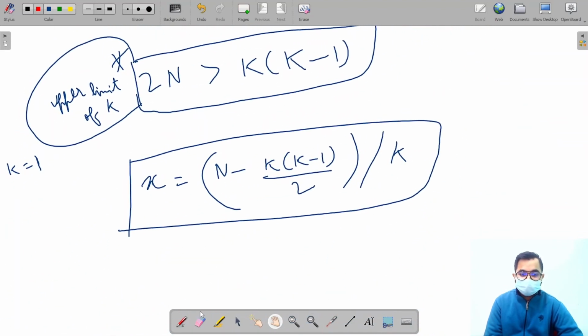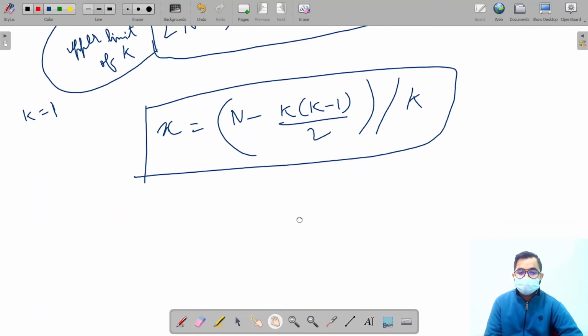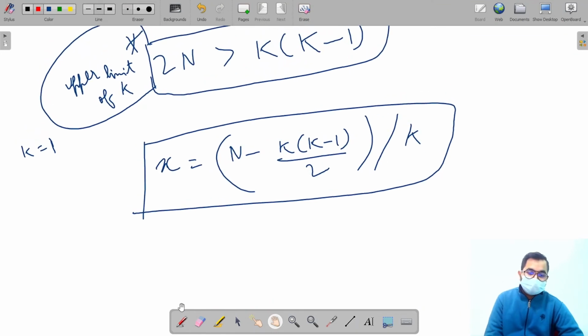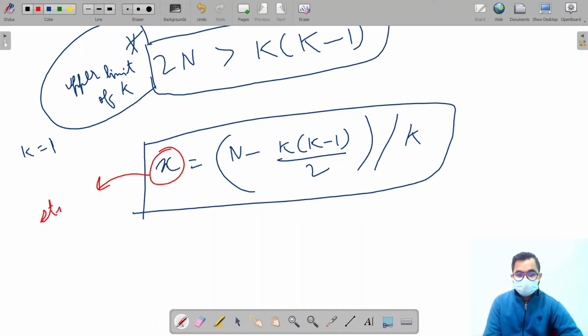Okay, so for that we just need to check this condition. Now what is this condition? I said that the sequence is going to be consecutive positive integers. So this x is the start of the sequence.